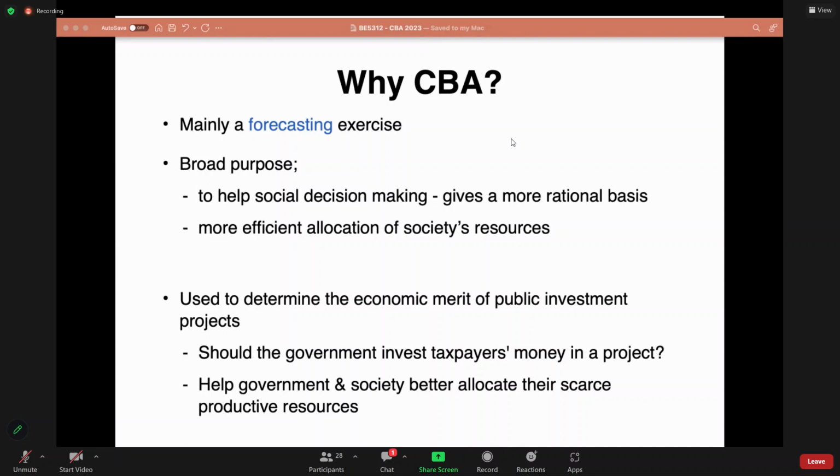And it will also help to allocate these limited public resources in a more efficient way, where we get the most social benefits. So by using CBA, governments can decide whether they should invest taxpayers' money, the public money, in a particular project or not. And they can better allocate these scarce public resources.